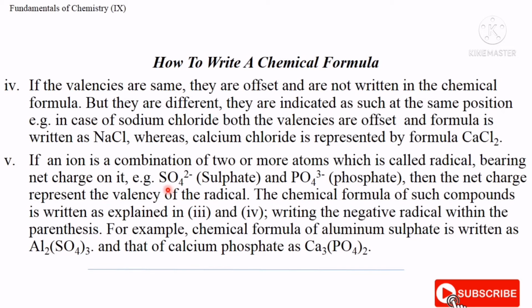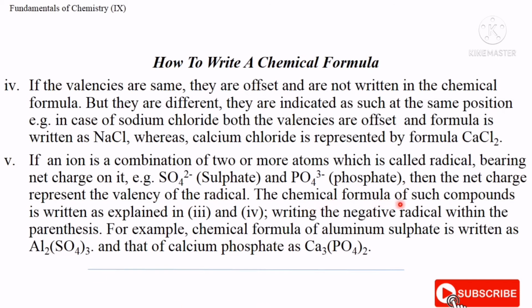For example, sulfate, SO4 2 negative. 2 negative is the valency of the radical sulfate, and PO4 or phosphate having the valency of 3 negative. Then the net charge represents the valency of the radical.